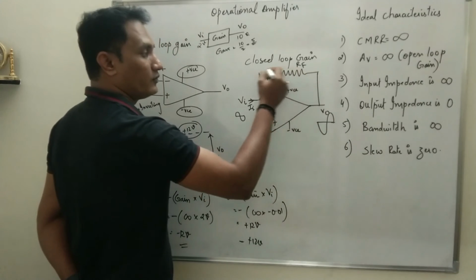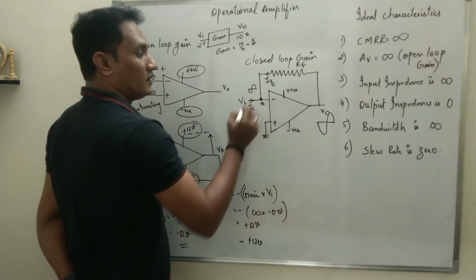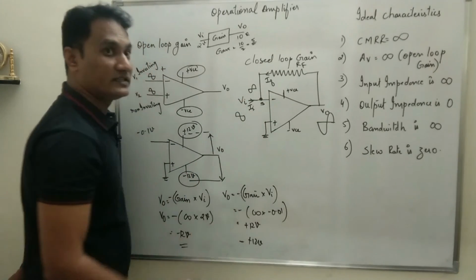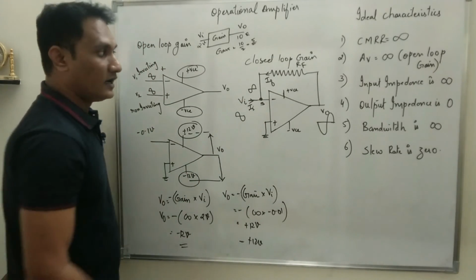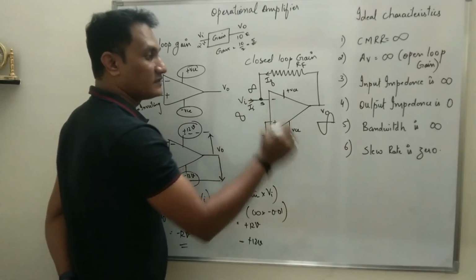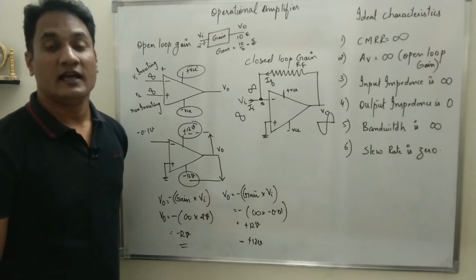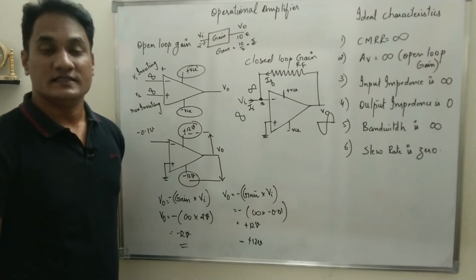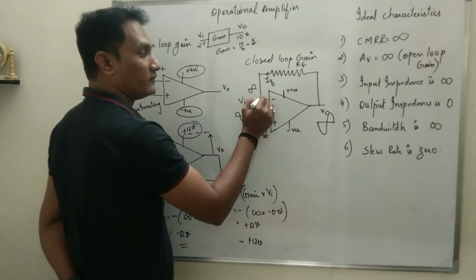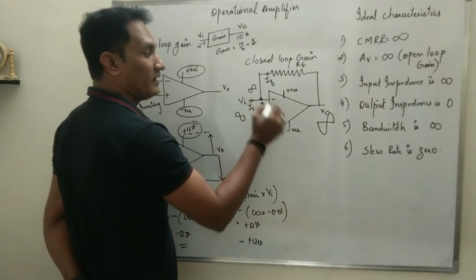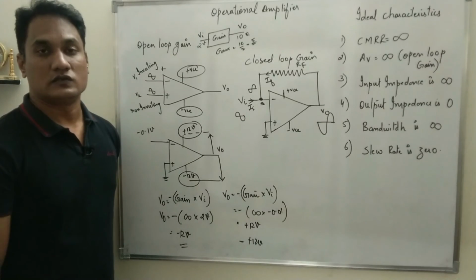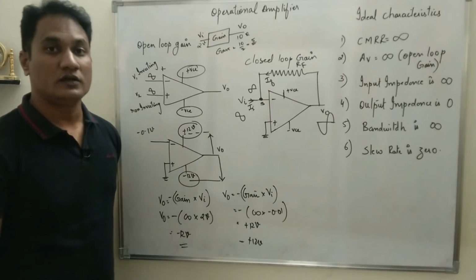Some part of this output will be connected back. So now at this point two currents are meeting which are opposite in phase, and when the phase opposition is there, they will cancel at this point. So at this point current will be 0, and if current is 0, the voltage at this point will be 0, and that is why this point, of course we will understand it later, is also called the virtual ground concept.